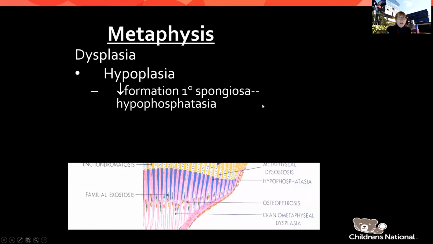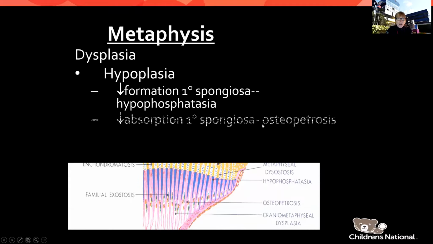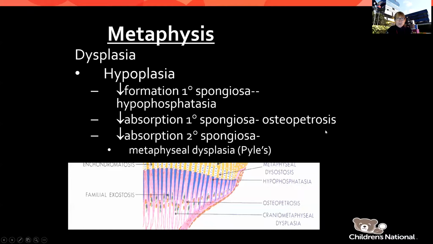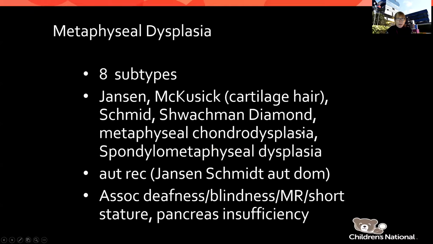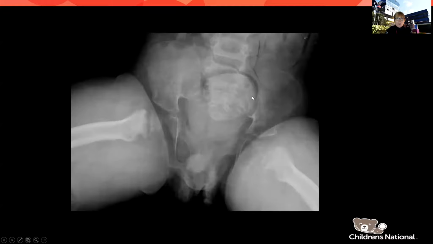Now we can have hypoplasia of the metaphysis as well, so decreased primary spongiosa formation, so that could be your hypophosphatasia, and you can have decreased resorption, which will result in osteopetrosis. Now, for your metaphyseal dysplasias, there are a lot of subtypes, so you want to be looking at those metaphyses, looking for irregularity.